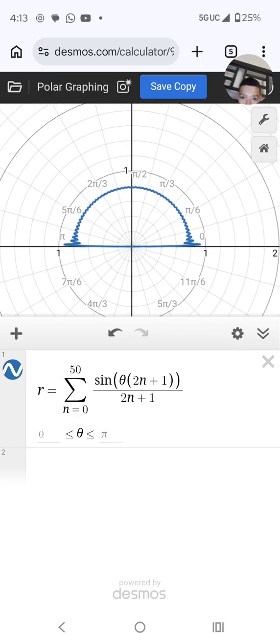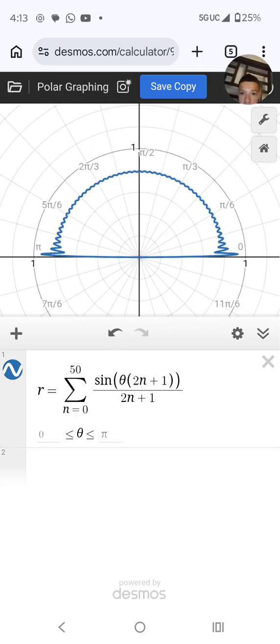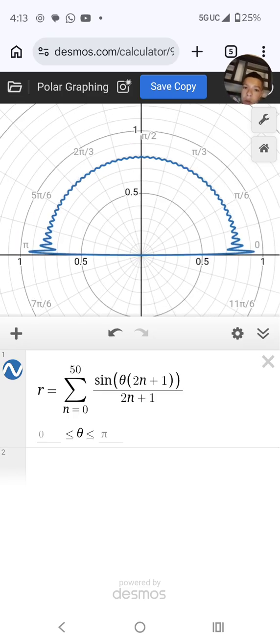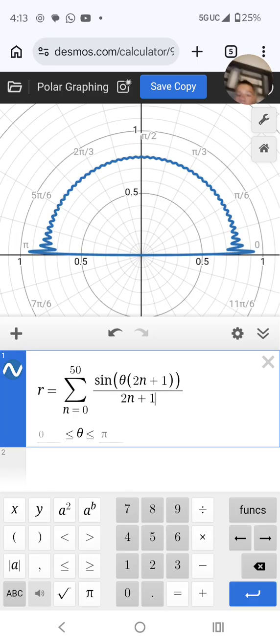So this is the square function, but converted into polar coordinates. So a Fourier series converted into polar. It looks like a half circle, basically.